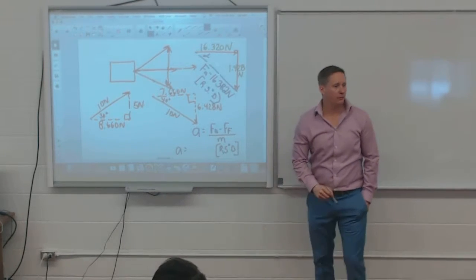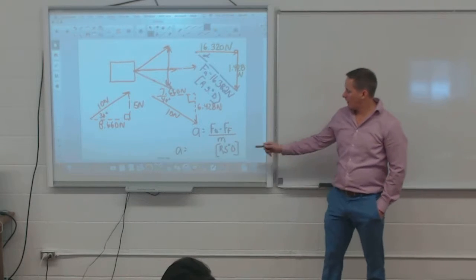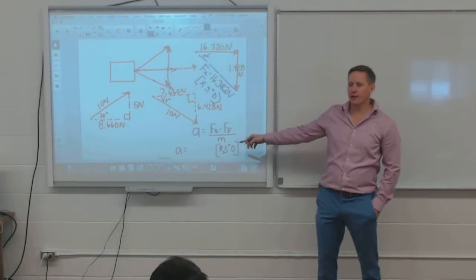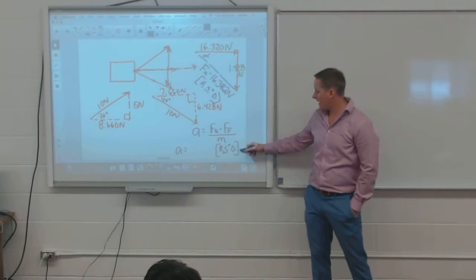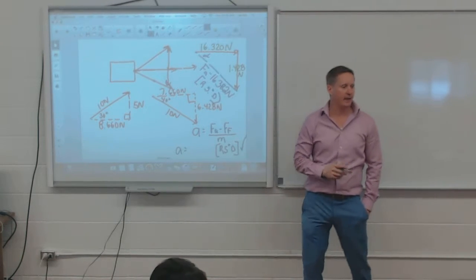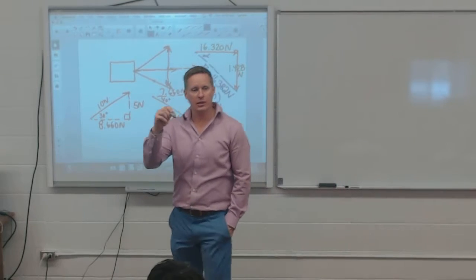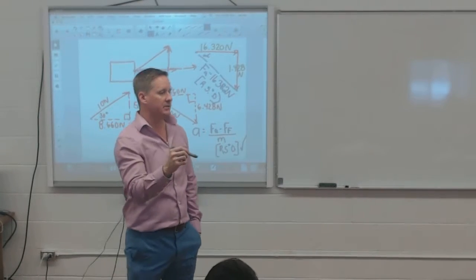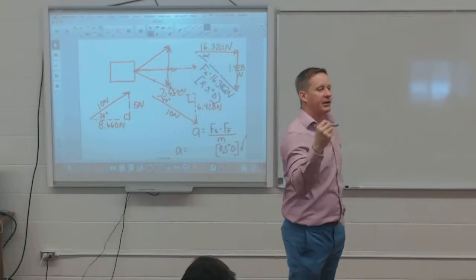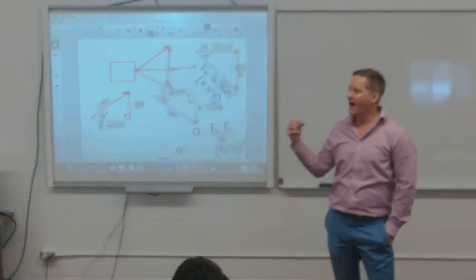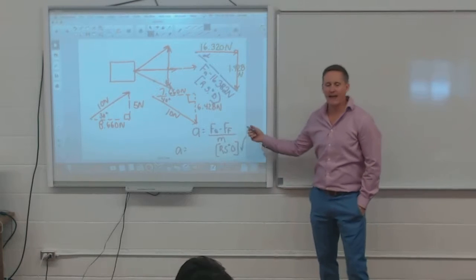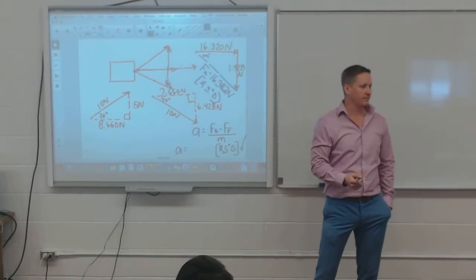Okay? This is a note for everybody in here. When I ask you for an acceleration at the end of this question, which is what I'm going to ask you, you have to show me the angle at the end. There are so many questions that you are doing right now in your tests with vectors that you're not putting directional units on it. You have to show direction on every single vector question.